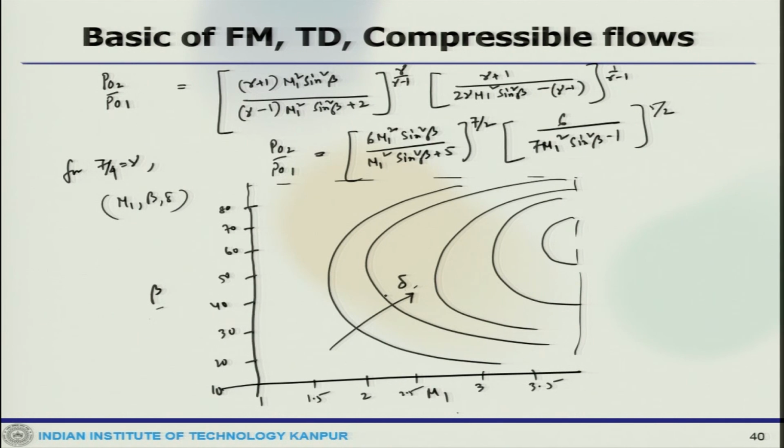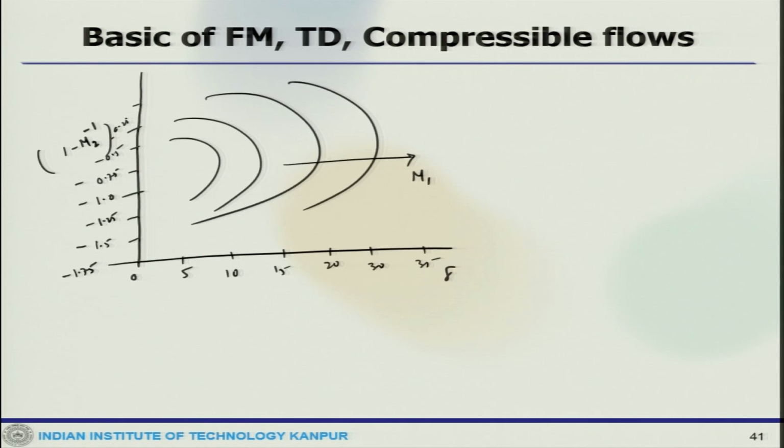When you come to the downstream of the shock, where you need to find out the Mach number, there is a parameter called the Mach number parameter, which is not directly M2, which is written as 1 minus 1 by M2, and then the qualitative plot would look like this.